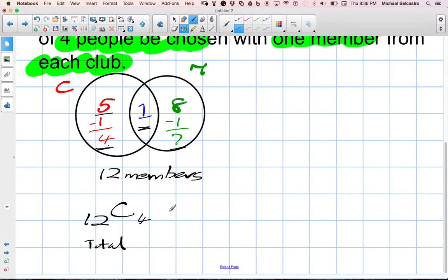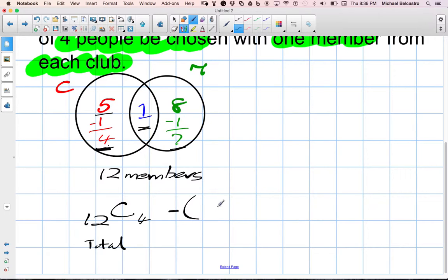Then what we're going to do is subtract a situation that would not work. A situation that wouldn't work would be one where all of them come from the Camera Club. Remember, there are only 4 true members in the Camera Club that aren't in both clubs, right?